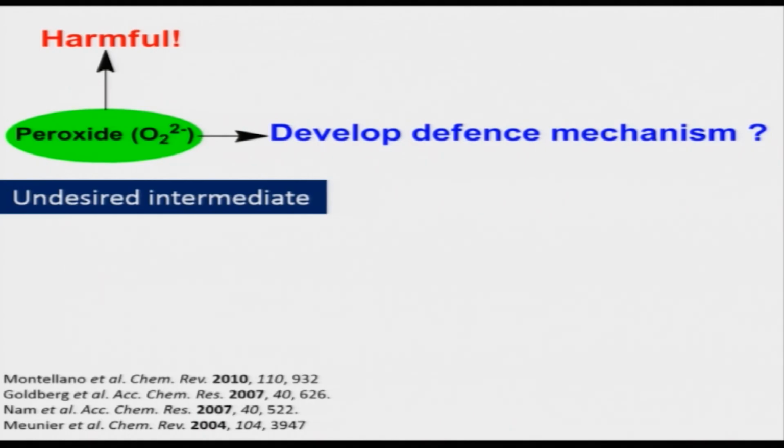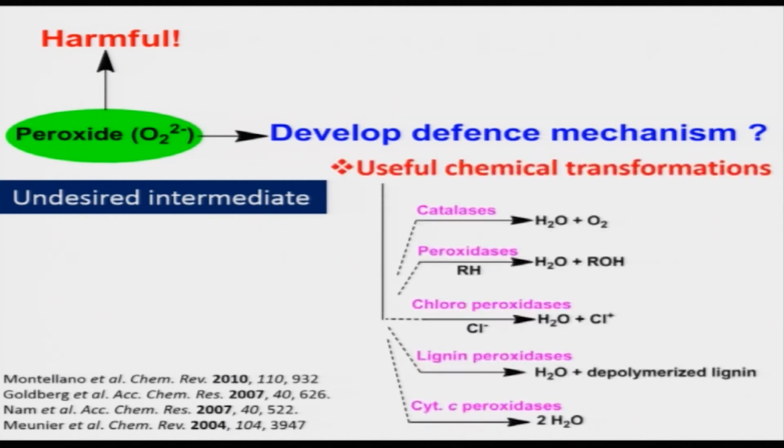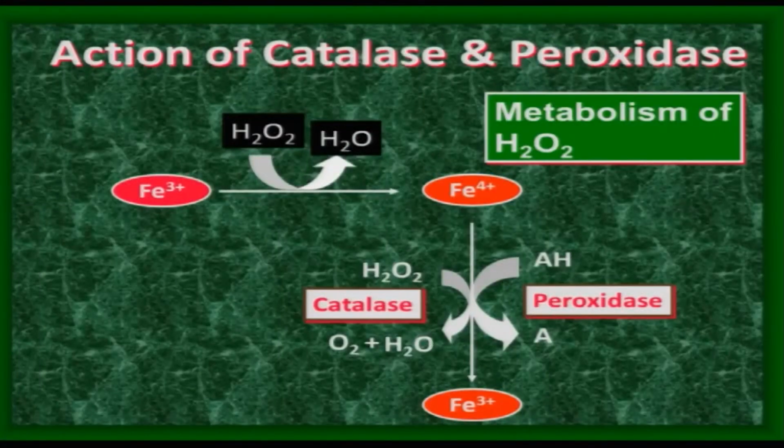Indeed, nature has utilized this undesired intermediate to make extremely useful products using various enzymes such as catalase, peroxidase, chloroperoxidase, lignin peroxidase and cytochrome C peroxidase. Today I will be talking about catalase and peroxidase in detail.